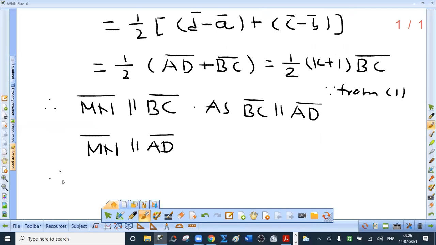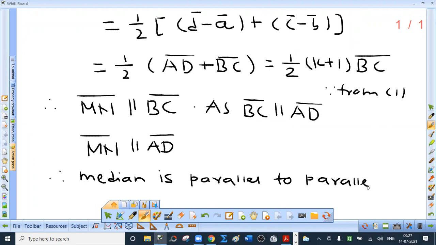So what is the conclusion? That median is parallel to parallel sides. Now this is actually the first part.